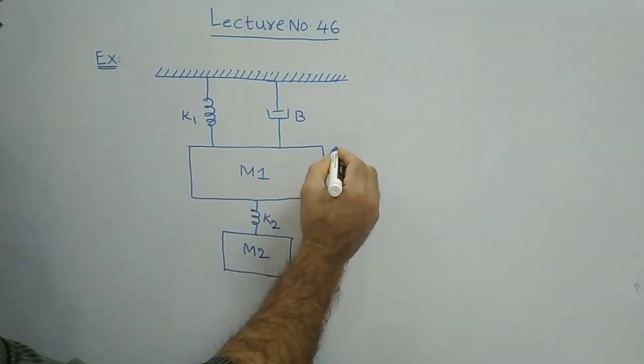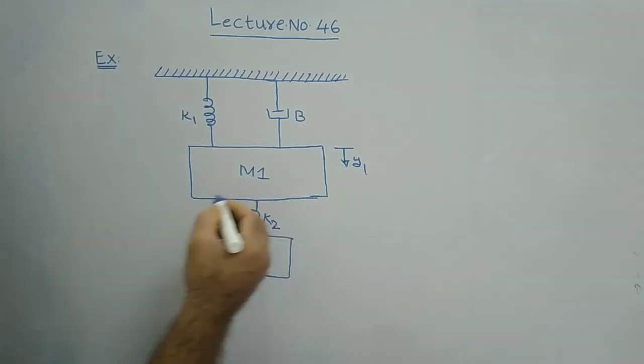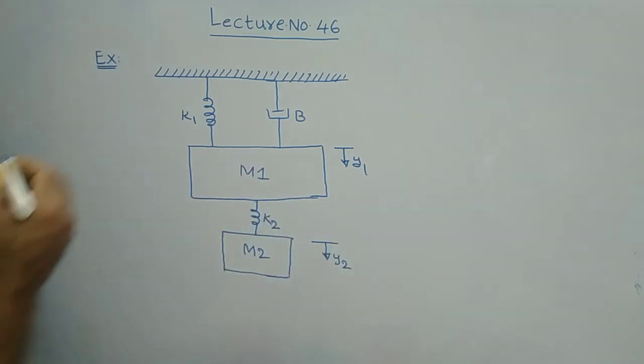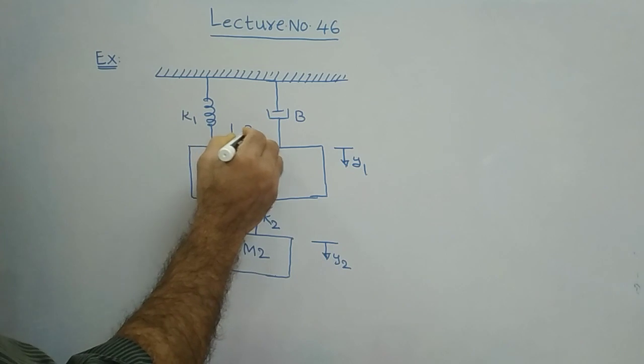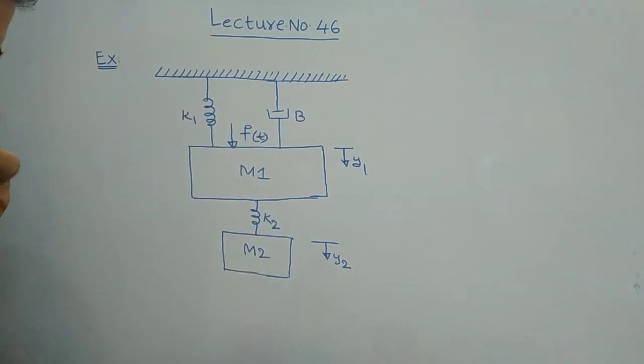Here the corresponding displacement is given as Y1, and here the displacement is Y2. On this block you have applied force F of t.